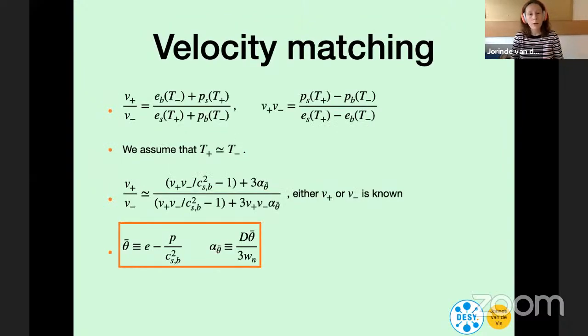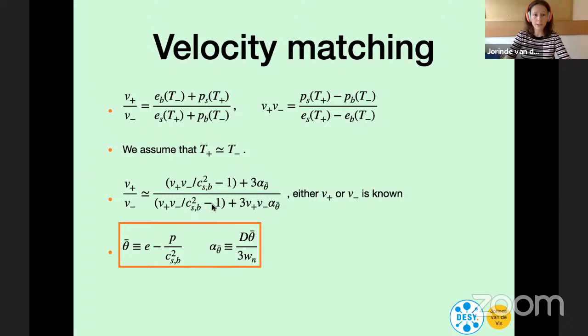Now, in order to reduce this model dependence, we made an approximation. First of all, we assume that the speed of sound only varies very slowly in either phase, so that we can describe the speed of sound in the symmetric phase and in the broken phase by a constant. And in addition, we assume that the temperature in front of the wall and behind the wall are roughly the same.